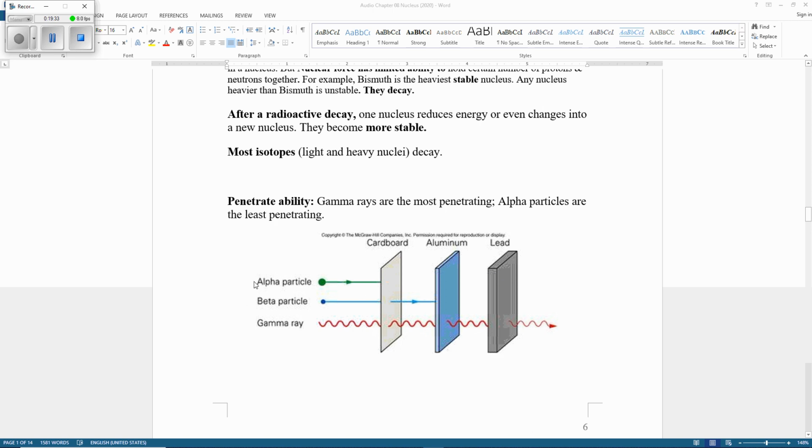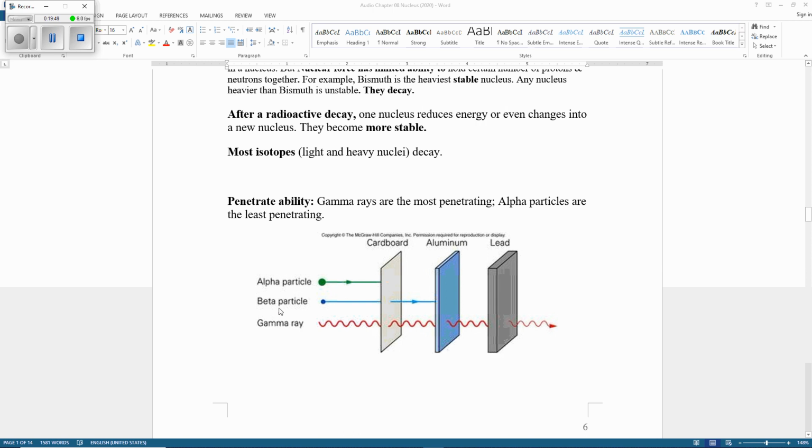If you have alpha particles, the cardboard can stop them. So we say alpha particles have the least penetrating ability.